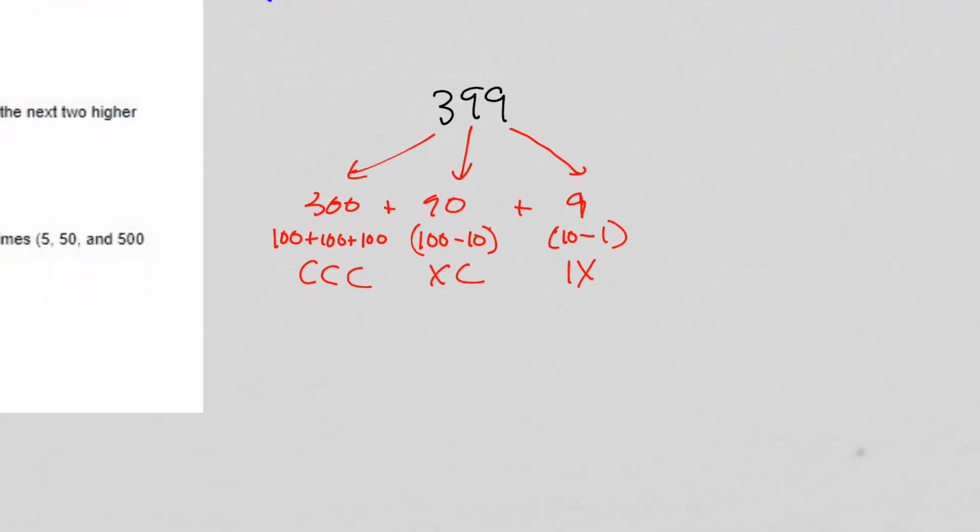You put this all together, and the final answer is going to be CCCXCIX. And there you have it. Hopefully this helps and clarifies some of those issues with Roman numerals.